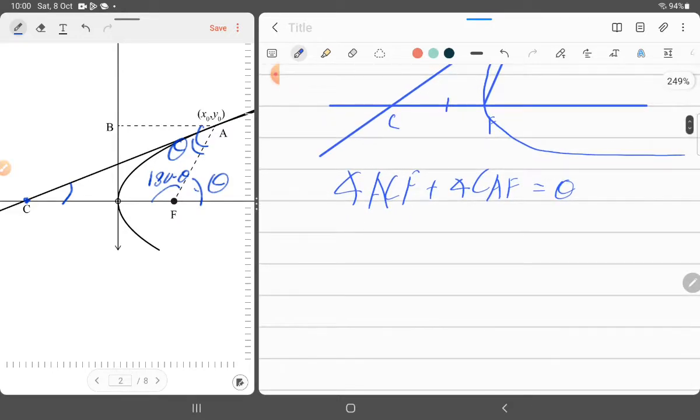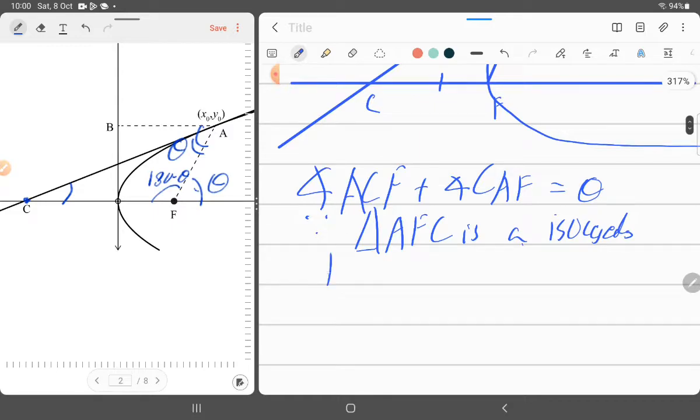But then because triangle AFC is isosceles, the angles will be equal.